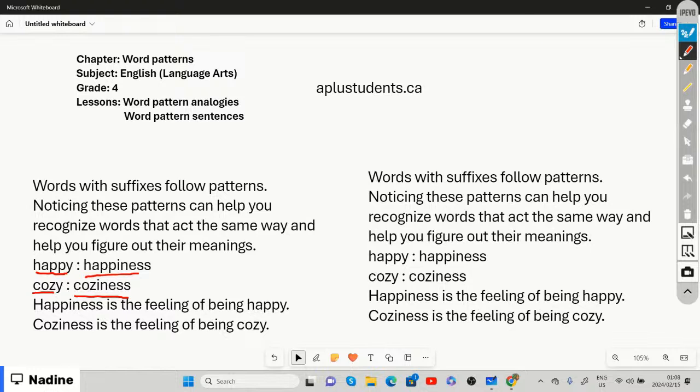And when it comes to both of these words, happiness as well as coziness, happiness is a feeling of being happy, and coziness is the feeling of being cozy.